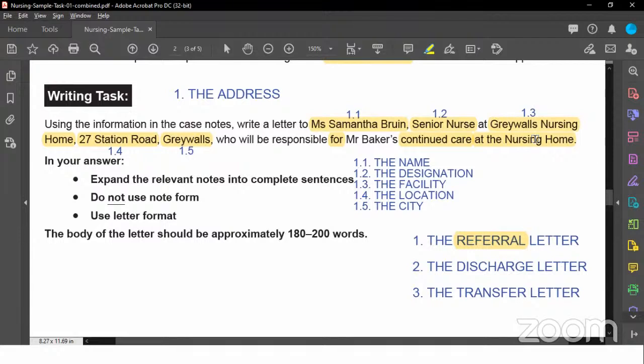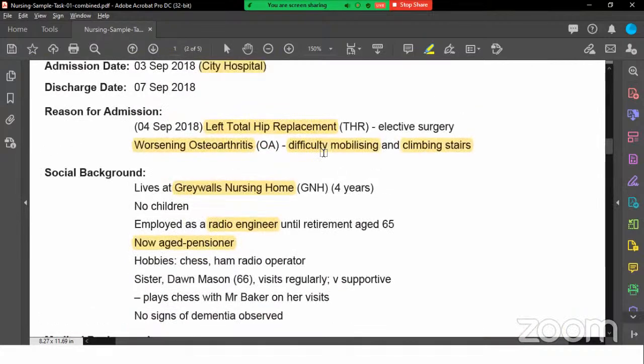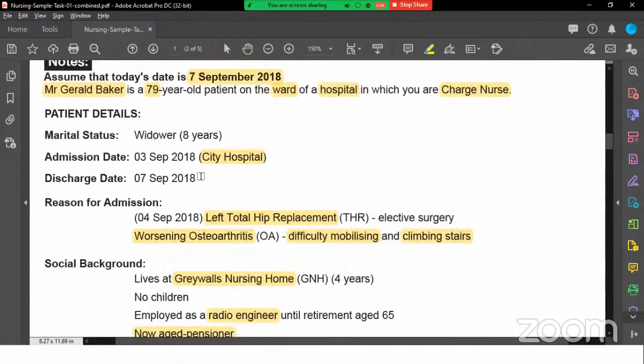So the word back is important. Going back. Try to remember this. He's going to receive continued care at Grey Walls Nursing Home. He has come from there and was admitted to the city hospital, and now he's going back to the nursing home itself.